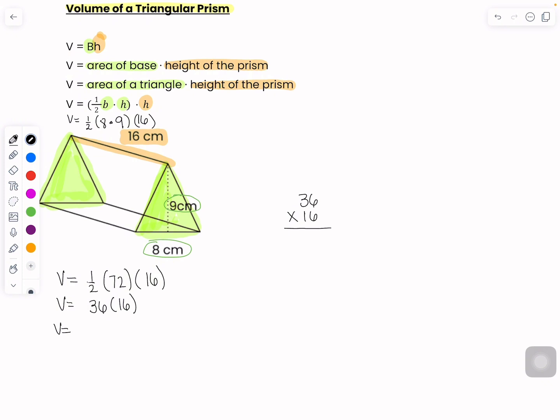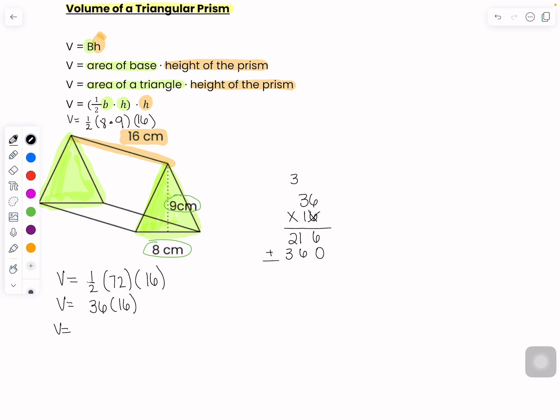6 times 6 is 36. Put down the 6 and carry the 3. 6 times 3 is 18, plus 3 more is 21. We know we're finished with our ones place, so we're going to move over to our tens place. 1 times 6 is 6, and 1 times 3 is 3.